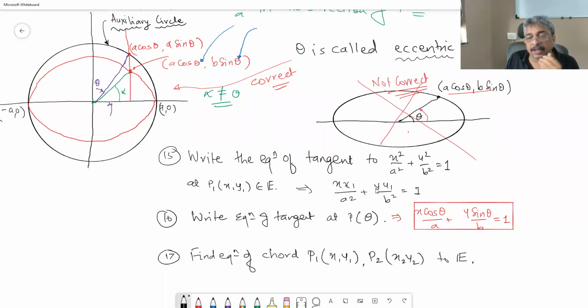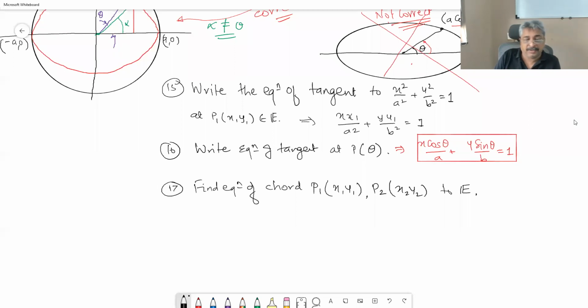Okay, replacing x1 by a cos theta and y1 by b sin theta, you get the equation of tangent in terms of theta looking like this: x cos theta upon a plus y sin theta upon b is equal to 1. Now you find out the equation of chord P1 (x1, y1), P2 (x2, y2). They belong to the ellipse. I think we have done it earlier several times.